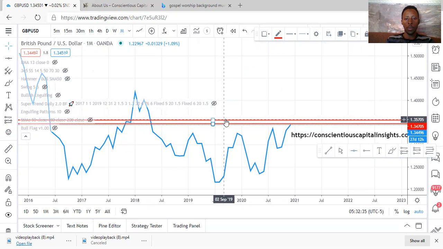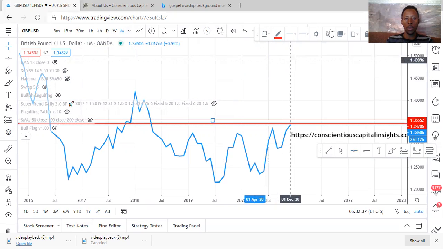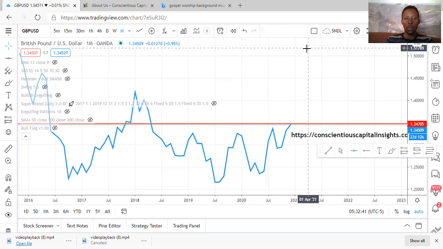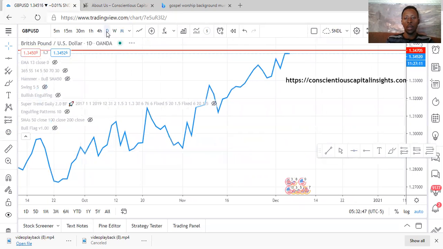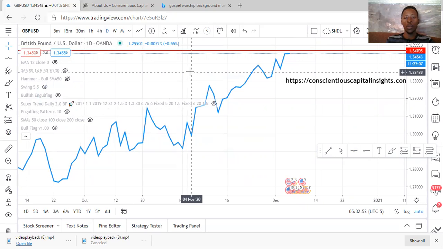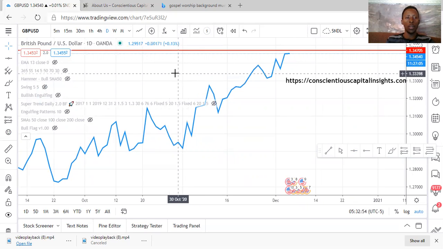Let's use this point so we can have a horizontal visible on the daily time frame.